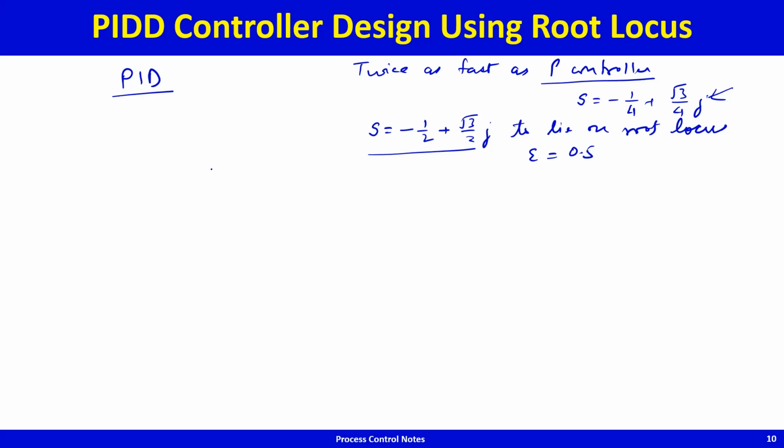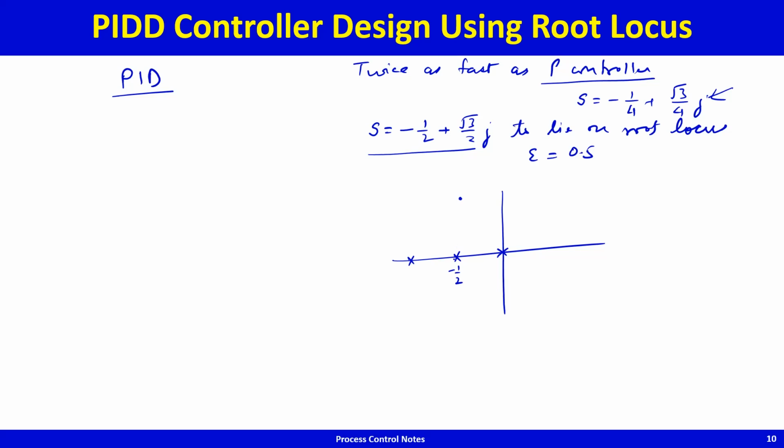If I try a PID controller, then what will happen is, s equal to 0, s equal to minus half, s equal to minus 1. Now this is minus half. So what I want is this point to lie on the root locus.